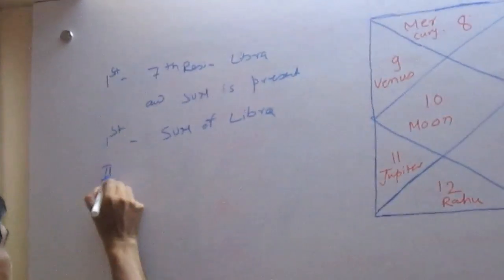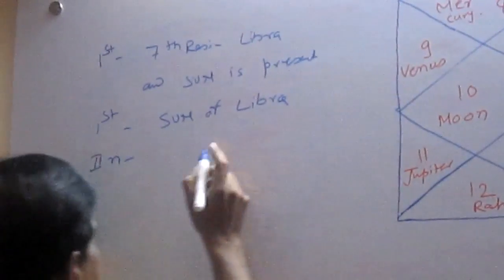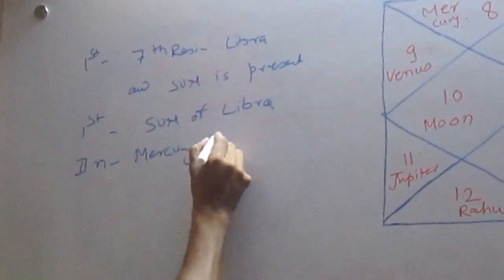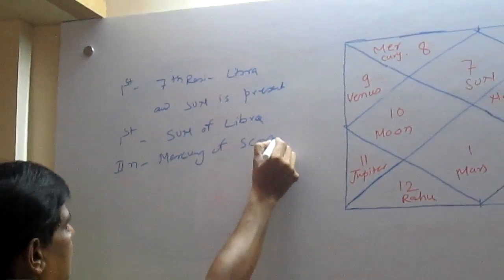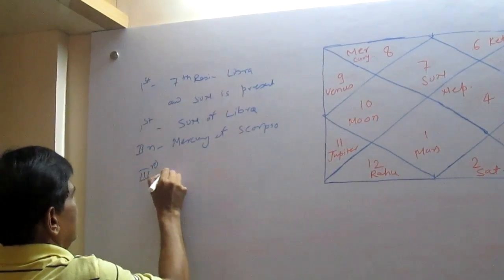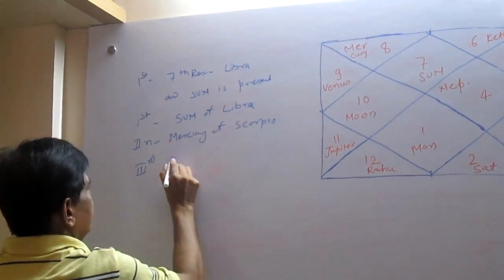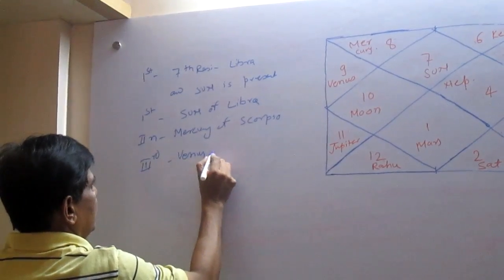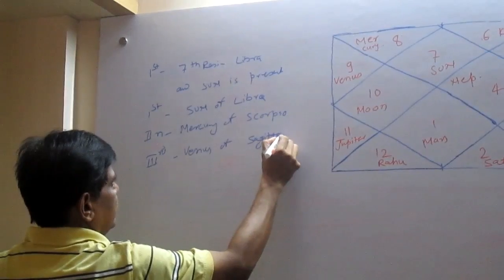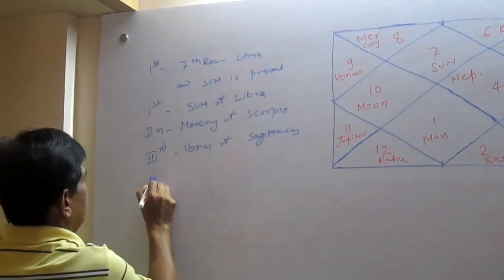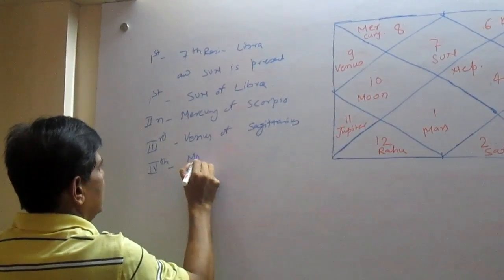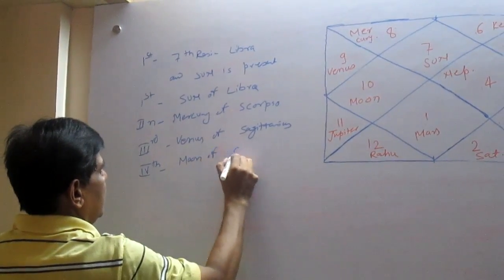In second house, Mercury of Scorpio. In the third house, Venus of Sagittarius. In the fourth house, Moon of Capricorn.